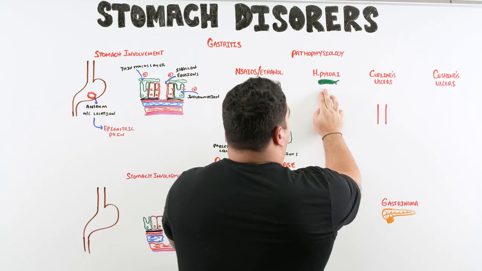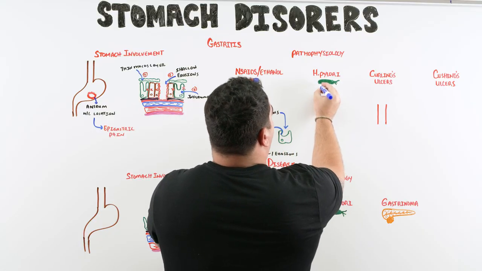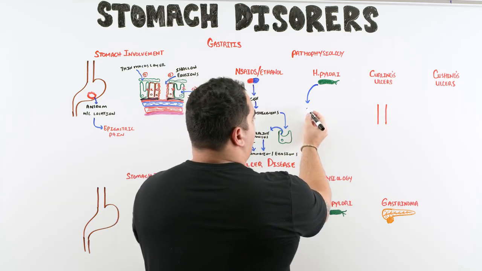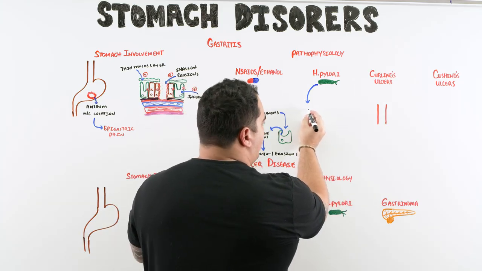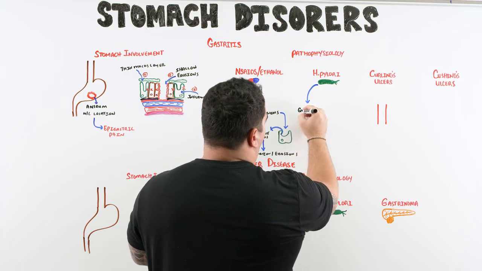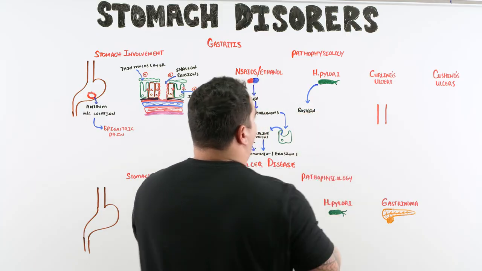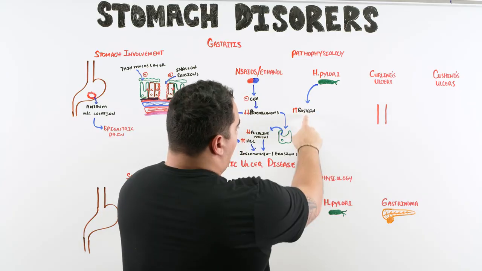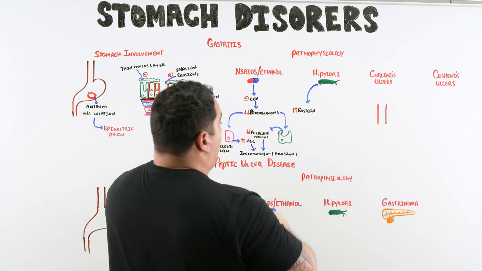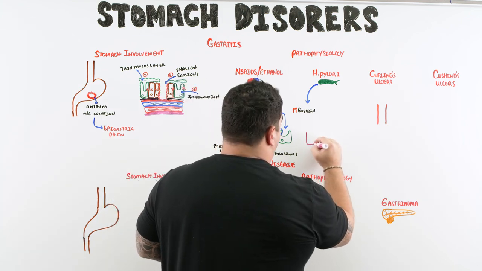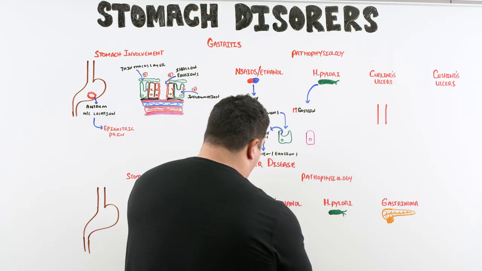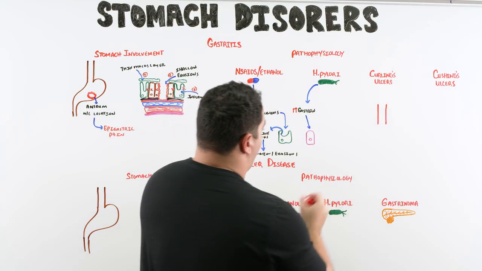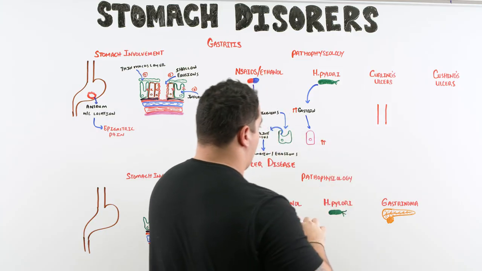H. pylori is a bacteria, and this has 2 interesting effects. One is that through some mechanism, we don't really know how, it may increase the production of gastrin, a hormone made by specific enteroendocrine cells. Gastrin has a direct stimulatory effect on parietal cells, and if gastrin is in high amounts, these parietal cells will pump out tons of hydrochloric acid.